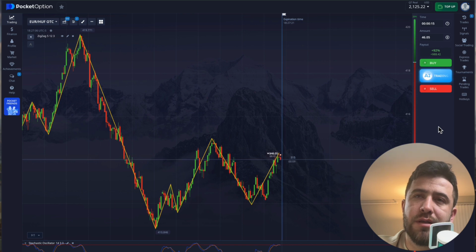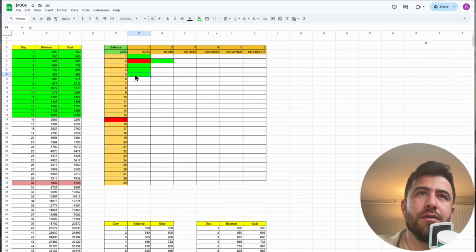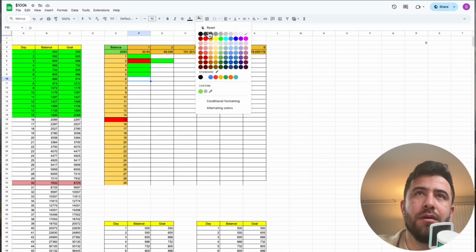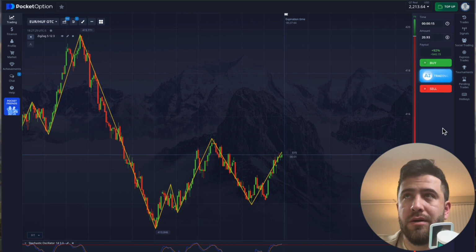We opened another sell, looking at the indicator, and we got our trade on this one on our second step. So also we don't forget to switch to the initial amount.